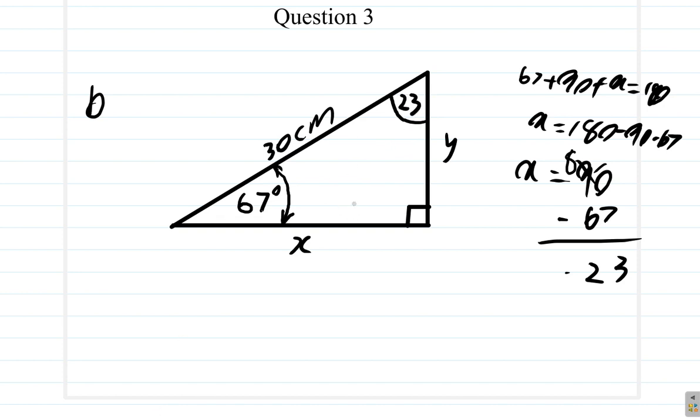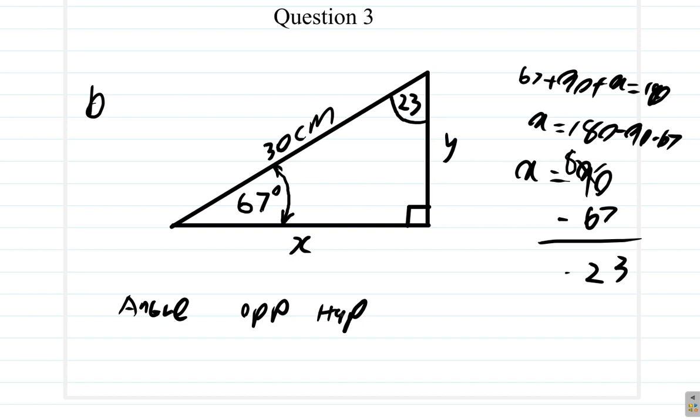Suppose we want to find y. We consider the trig ratios. Now, we have the angle. We want the opposite. We have the hypotenuse. So we use sine.